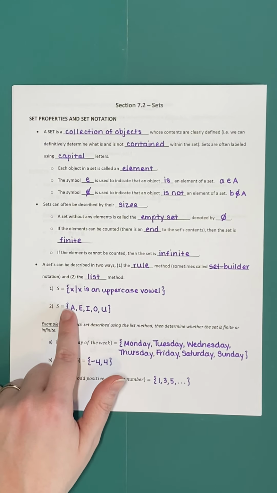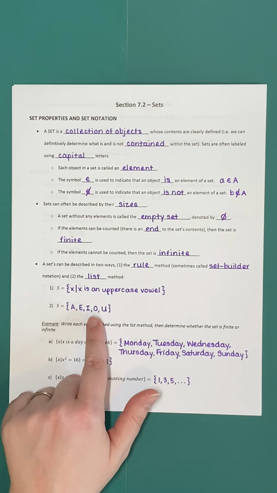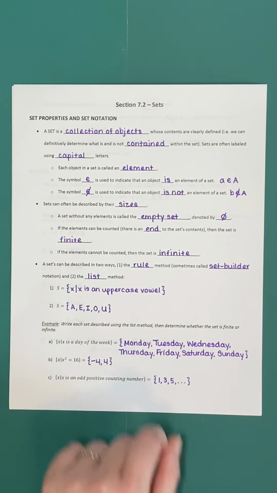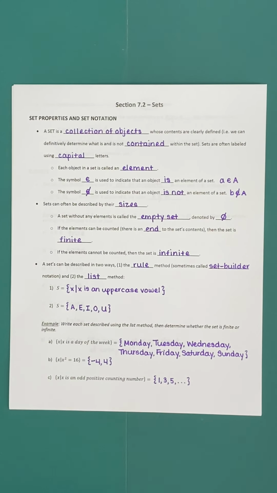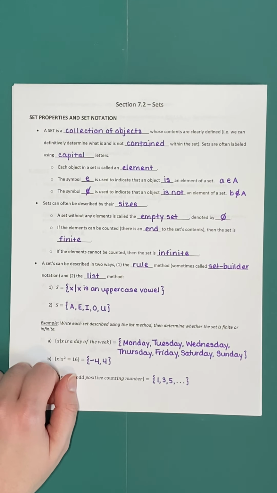So our elements would constitute a capital A, a capital E, a capital I, a capital O, and a capital U. So those would be the individual elements listed out in this set. So either notation is considered appropriate. It just depends on the situation we're in.